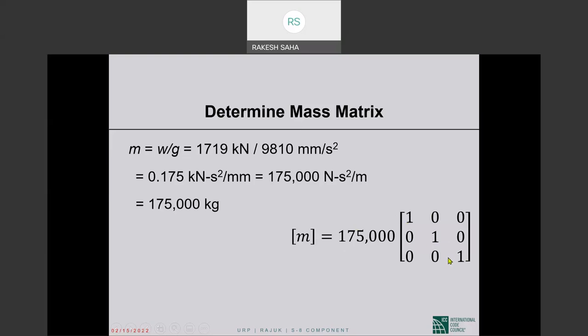The off-diagonal terms are 0. Okay. So the mass matrix has 175,000 here, 175,000 here, and 175,000 mass at level 1. So we can take 175,000 out. So this is what our mass matrix looks like.